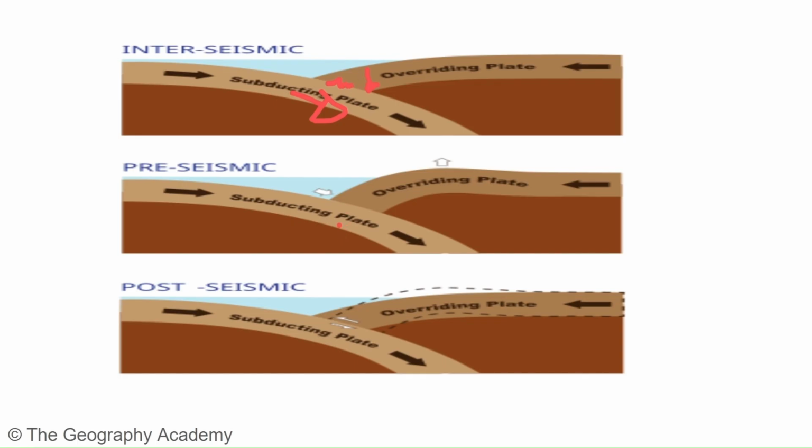There's a release of the tension suddenly, and because of that, the continental plate is going to move forward, and this is going to cause a large earthquake coming out from the Benioff zone. But as it does that, it moves position from here to here.